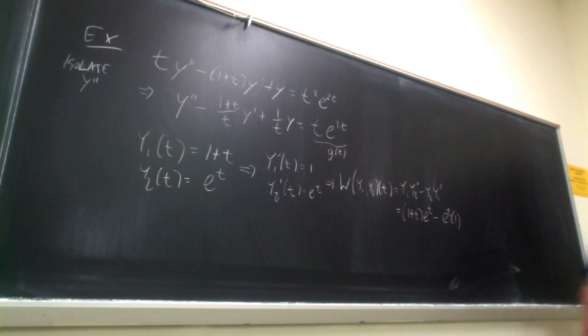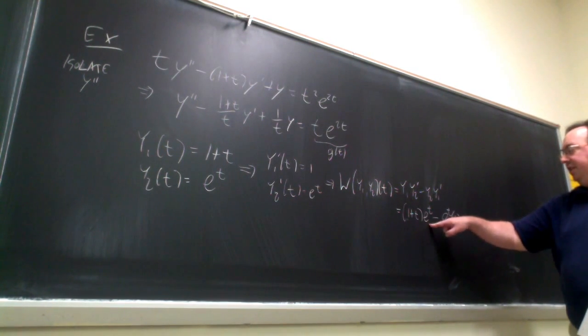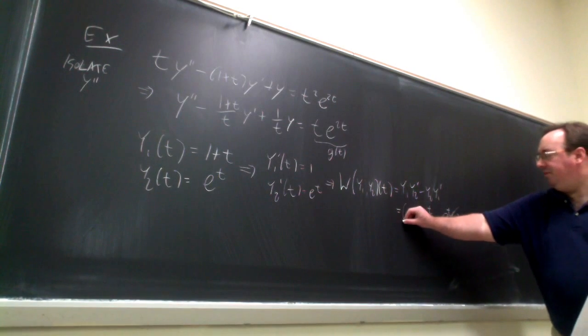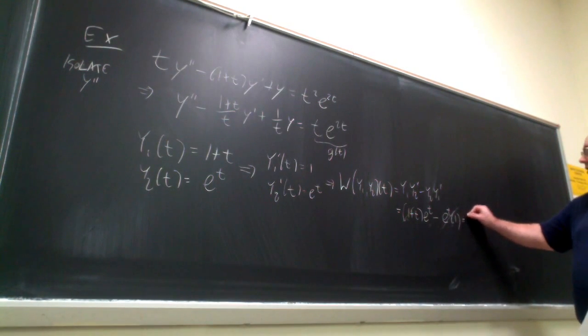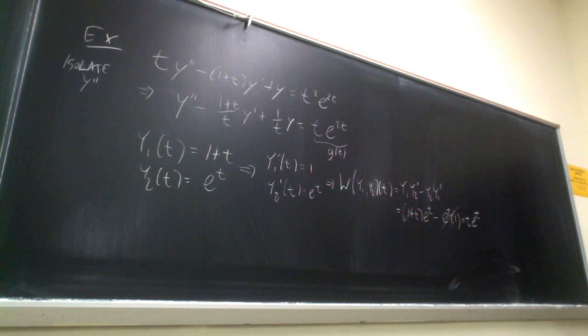And there's going to be some cancellation. So we distribute, we get e to the t appearing here and minus e to the t here. So that and that are going to cancel. And what's left is t e to the t.